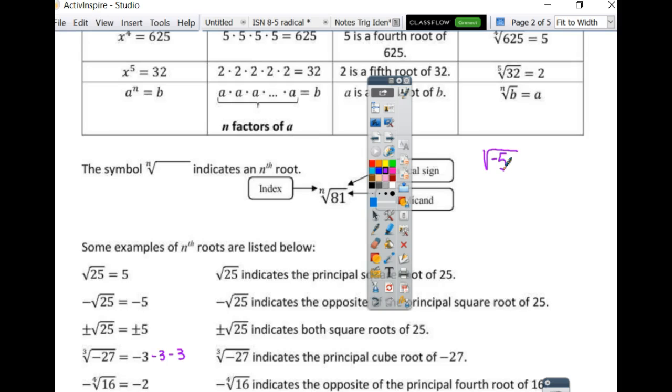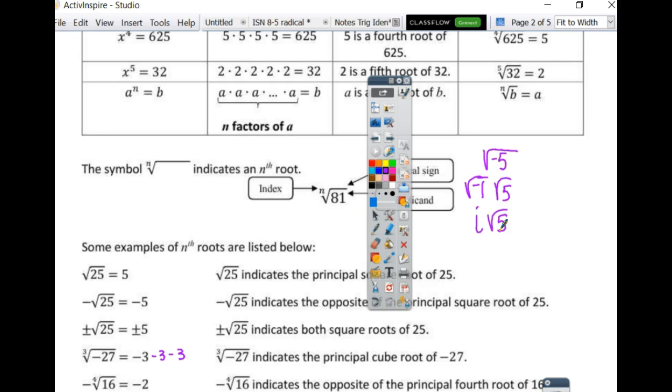And so when it was a negative in the square root, what did we say we had to do? We did the square root of negative 1 times the square root of 5. And what was the square root of negative 1? I. So we have I times the square root of 5, right?